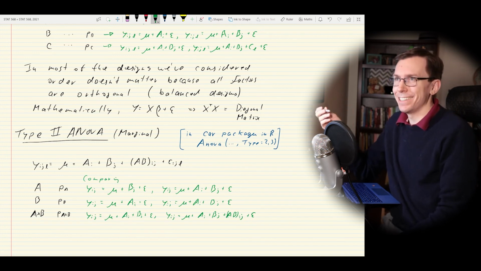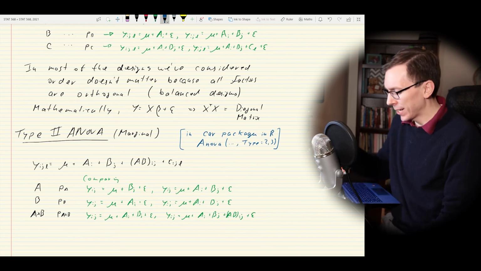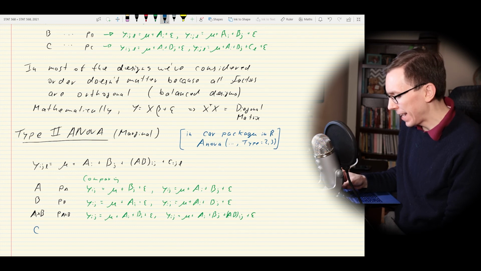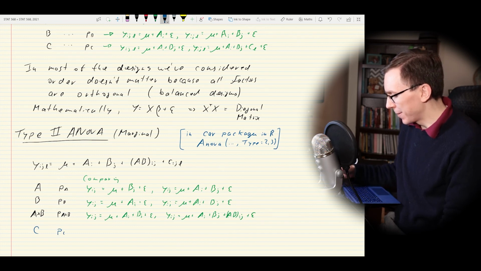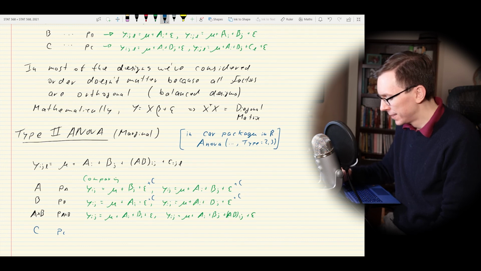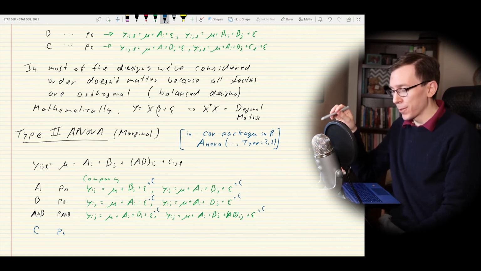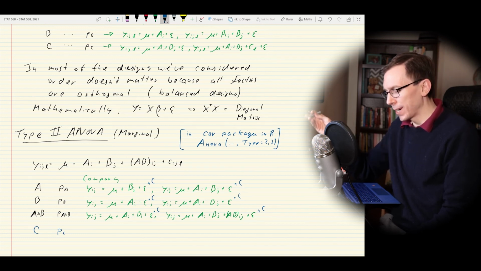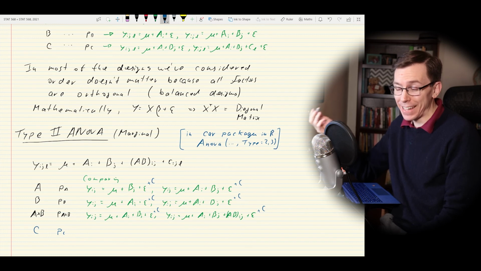If I really wanted to, I could include a C in here. If I had a C, I would be adding C onto everything, because I'd want to include all the factors that are not higher order interactions of any of the ones that I'm testing.